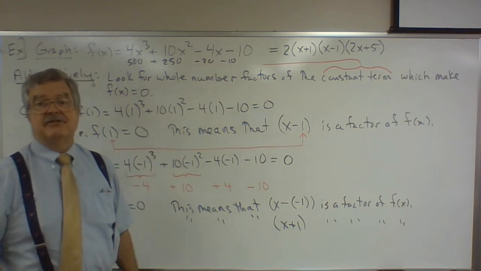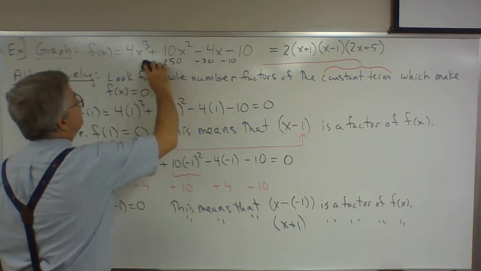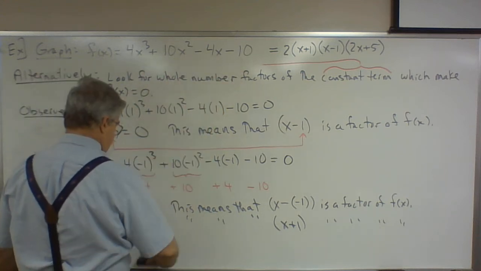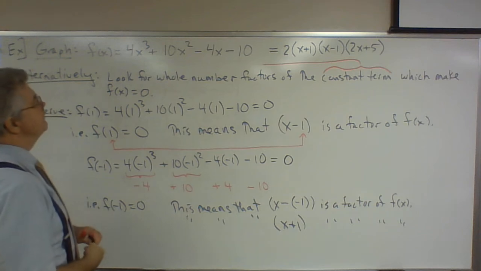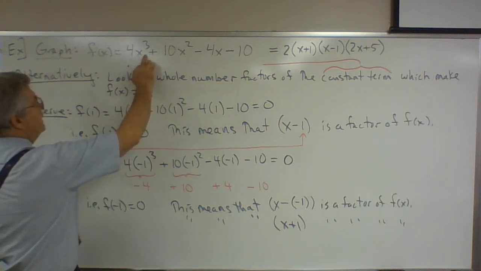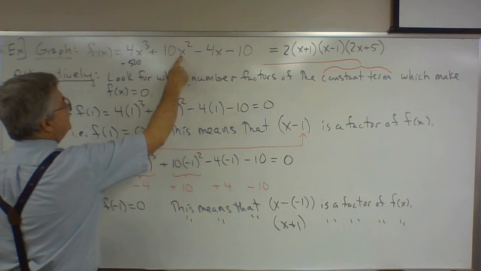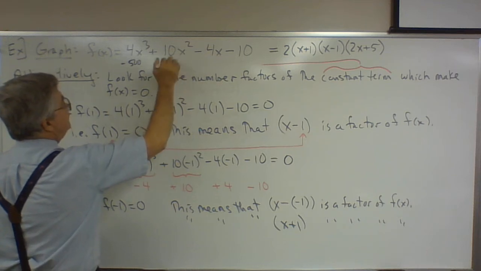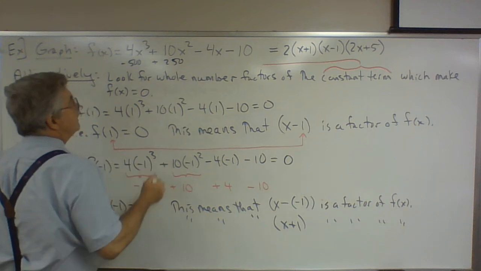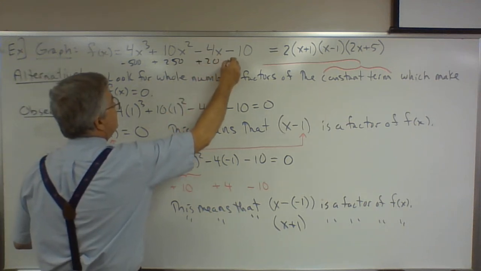Well, that's sure not 0. So there's nothing special about the factor 5. Let's try negative 5. Negative 5 cubed is negative 125 times 4, negative 500. Negative 5 squared is 25 times 10 is plus 250. Negative 5 times negative 4 is plus 20 minus 10.